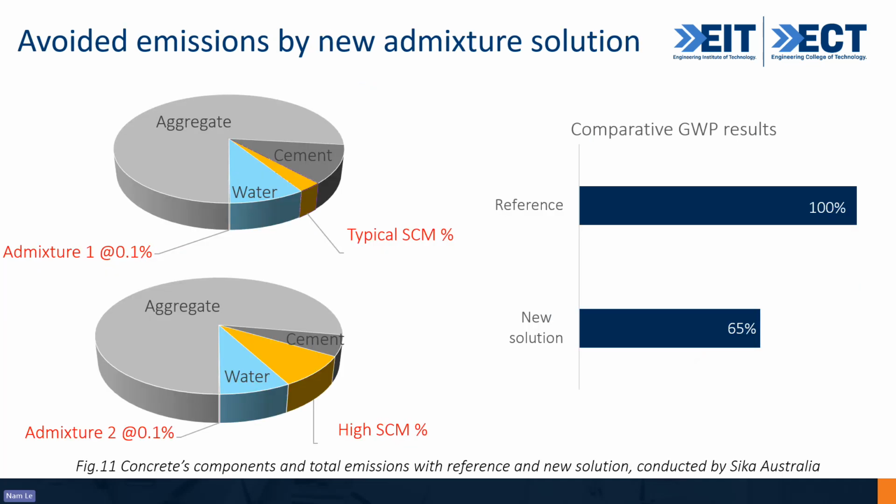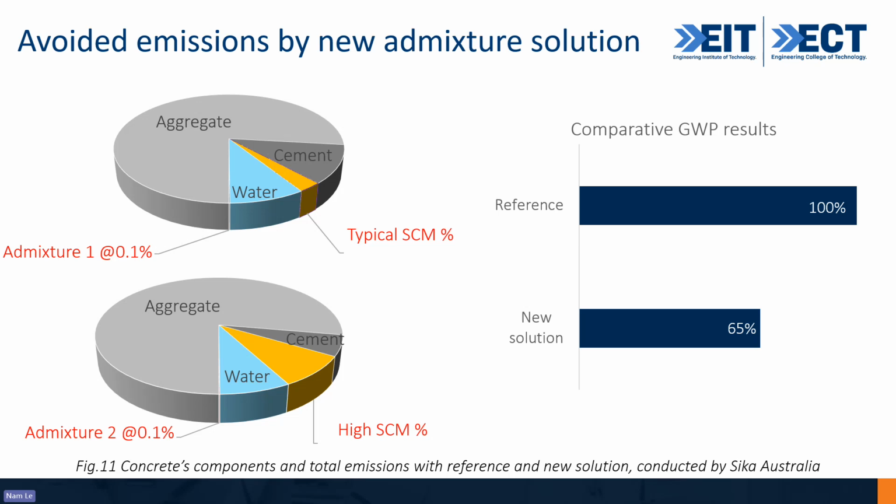And we have a case study here for avoided emission when we have a typical concrete. I would say, like admixture 1, we use a dosage of 0.1% by weight, around 700 or 800 millimeters per 100 kg of cementitious material.